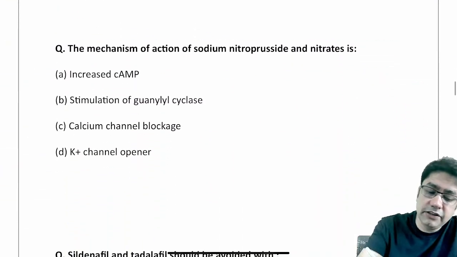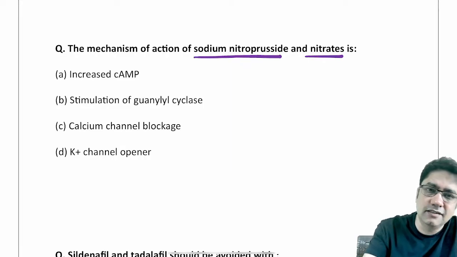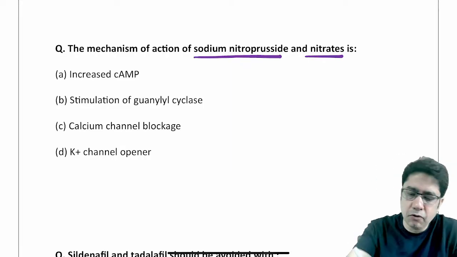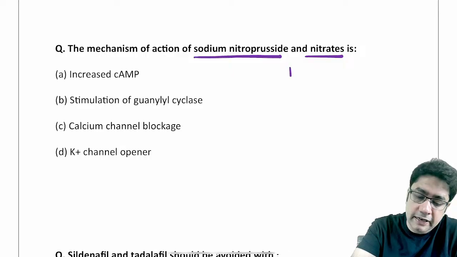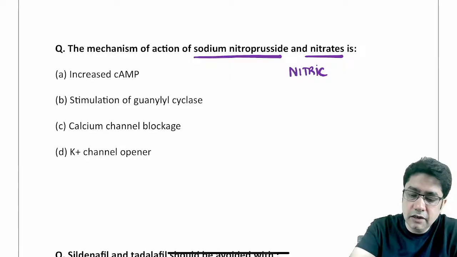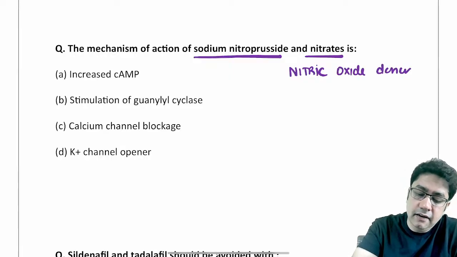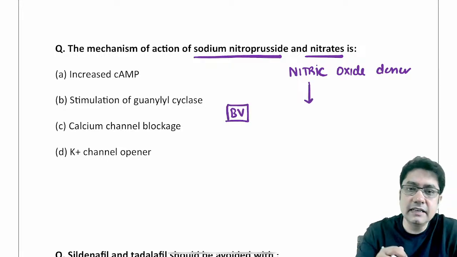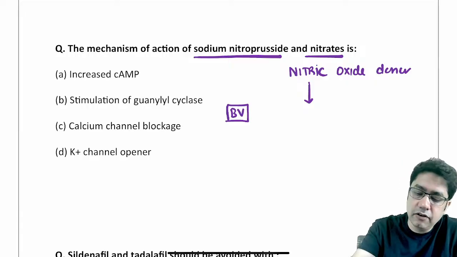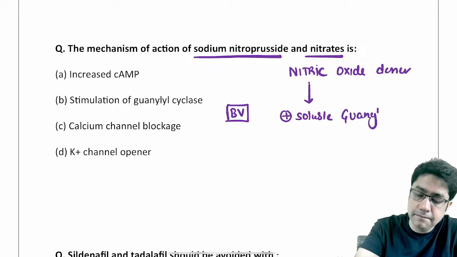So the mechanism of action of sodium nitroprusside and nitrate is very simple and easy. Both these drugs will donate nitric oxide because the word nitro is coming in both of them. So they are nitric oxide donors, and nitric oxide enters into the blood vessel, and inside the blood vessel nitric oxide stimulates one enzyme known as soluble guanylyl cyclase enzyme.